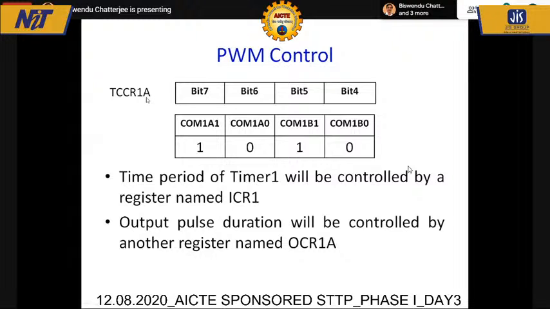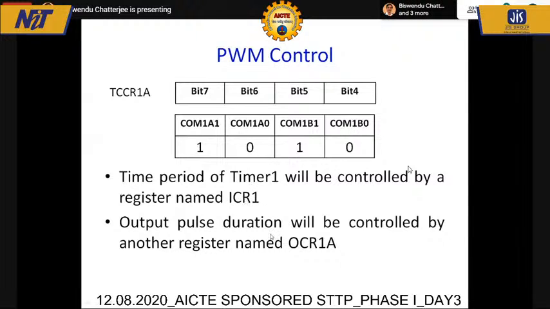And ultimately, what the datasheet means is that as soon as you set the sub mode, with fast PWM as the main mode and this as the sub mode, the time period of Timer 1 will be controlled by a register named ICR1, and the output pulse duration will be controlled by another register named OCR1A.